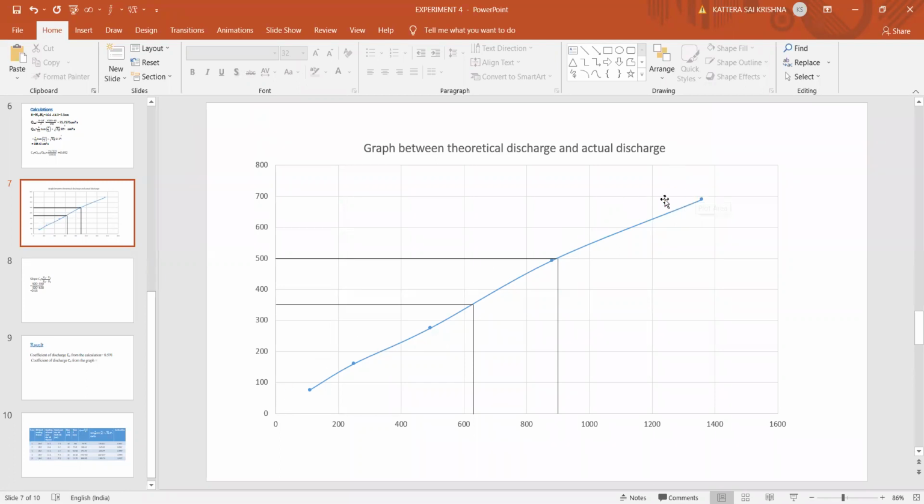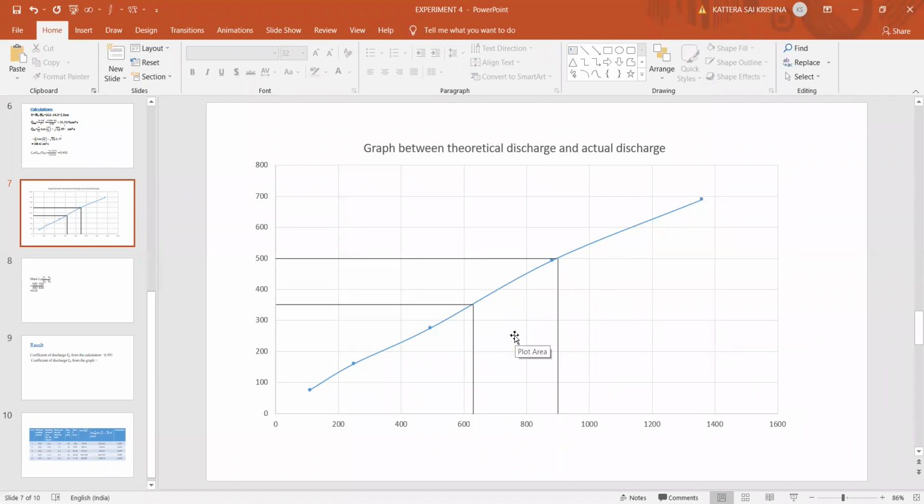If it passes through 3 points, that is also okay. So draw a straight line. Then we need to take the slope of the line for finding the coefficient of discharge.